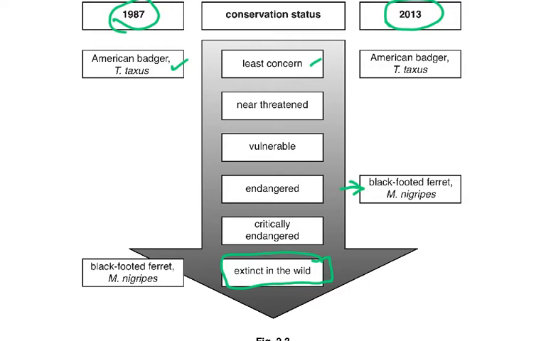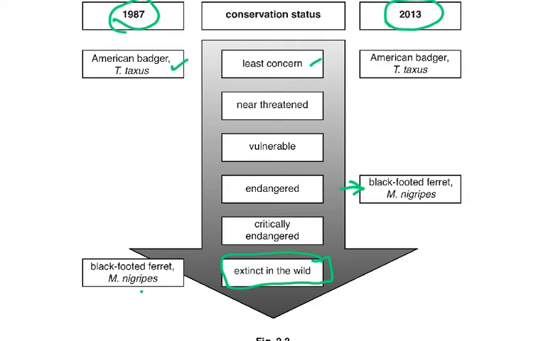So we can see how it has changed over a period of time: in 1987 it was least concern, and in 1997 the black-footed ferret was extinct in the wild, while in 2013 the badger is least concern, but the black-footed ferret is now endangered.